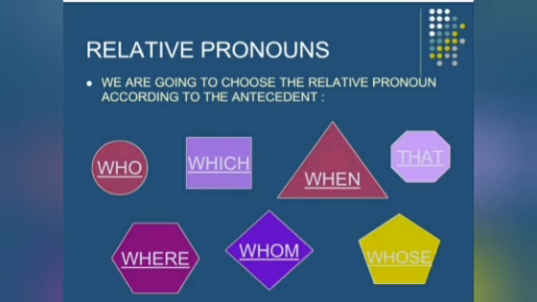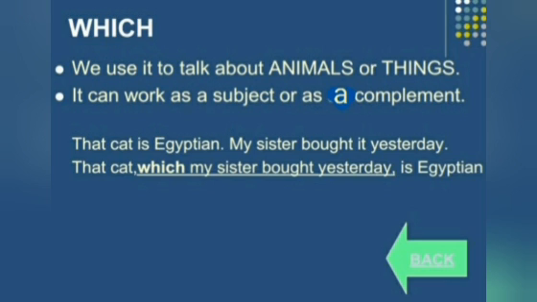First is which. What's the use? It is used to talk about animals or things. It can work as a subject or as a complement. Take for example, "That cat is Egyptian." "My sister bought it yesterday."